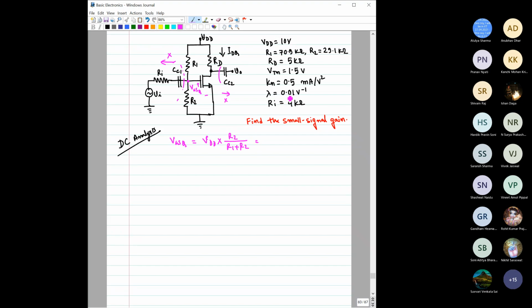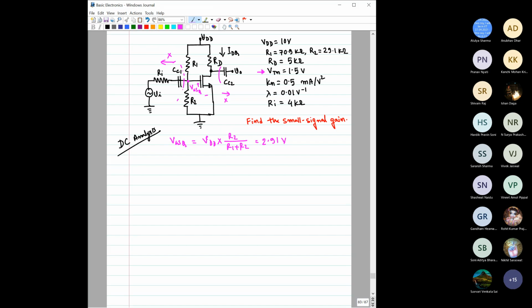I request you to cross check these values once again. If you calculate it, it should come around 2.91 volt, and the threshold voltage is given as 1.5 volt. So obviously VGSQ is more than the threshold voltage, so we can say the transistor is on.